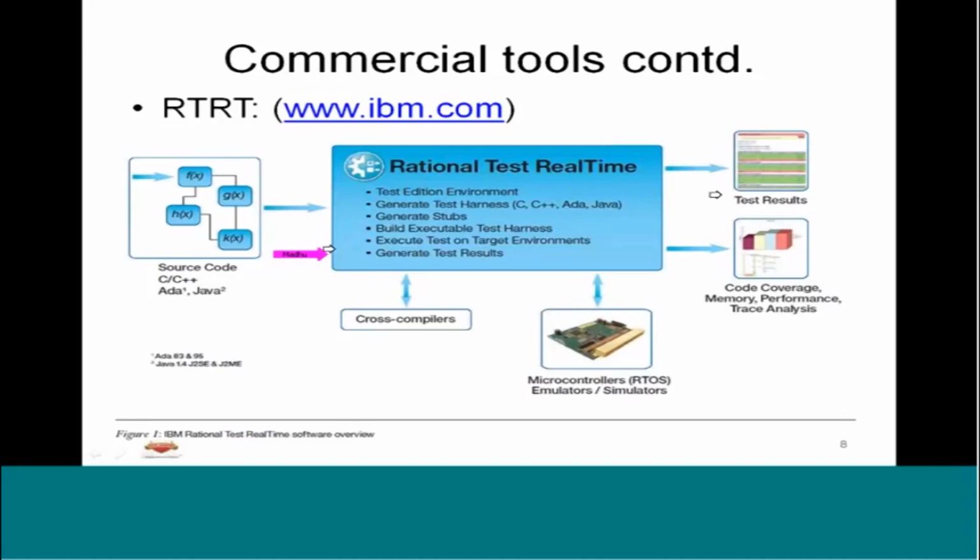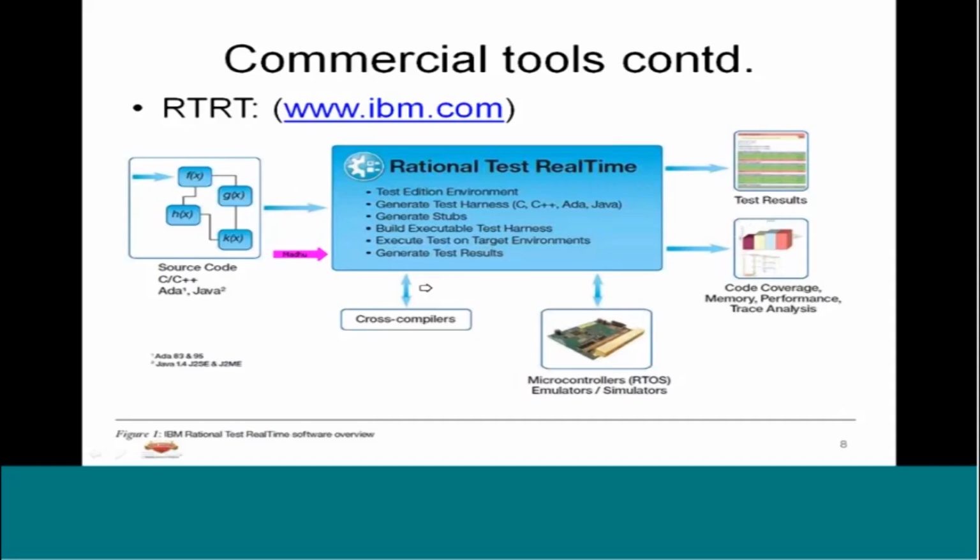After execution of the test on the target environment, we have the results, and the results will be used to report what the coverage is and all. You can see on the right hand side, this is the code coverage, performance, memory, trace analysis, all these aspects of white box testing will be done. And similarly, test results will be reported to support this coverage or justify the coverage to analyze it.